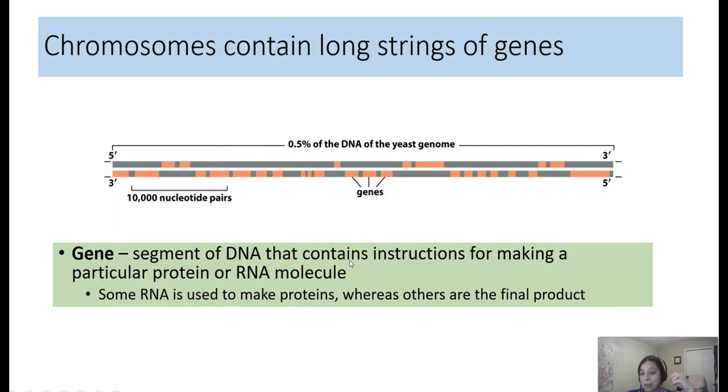A gene is nothing more than a small segment of DNA that contains instructions for making some type of a protein or RNA molecule. Some RNA are the final products, but the majority of the RNA are used to make proteins down the road. They are translated into proteins, and that's going to be your final product that does the work inside the cell.